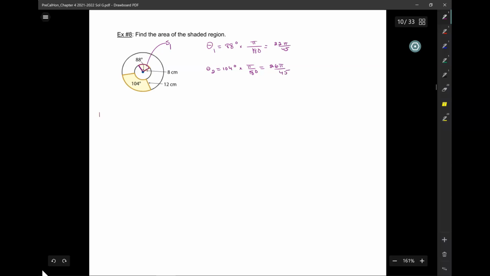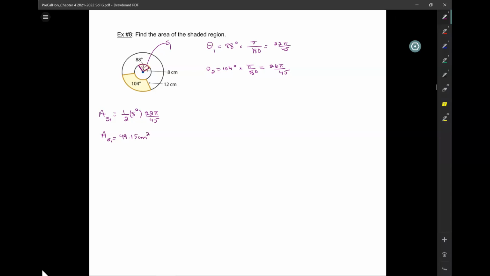Okay, now let's find the area of sector 1, that little sector there. That's half r squared, r over there is 8, squared, theta. So the area of sector 1 is 49.15 centimeters squared.